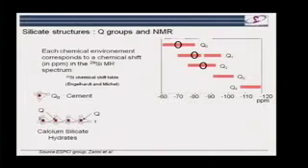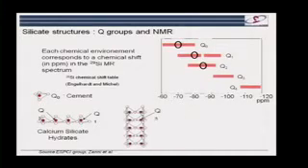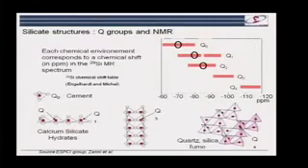We go to chains, and chains have ends, which are Q1 groups, and middle bits, which are Q2 groups. If you go on to sheets, as you have in clays, you have Q3 groups. And if you go on to a continuous network like quartz or silica fume, you have Q4 groups. Sorry, these numbers got a little bit detached. But we'll see that in CSH, we are basically concerned with chains.